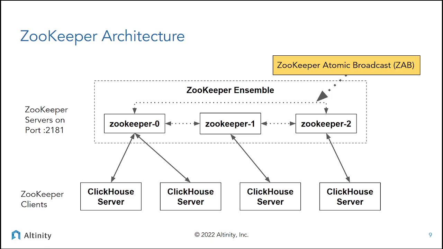There are other operations, but you can think of these being clients, and it doesn't really matter which of these Zookeepers they end up talking to. Regardless of which one they reach, they should get the same answer in each case. And that's because Zookeeper is maintaining consensus between these nodes.